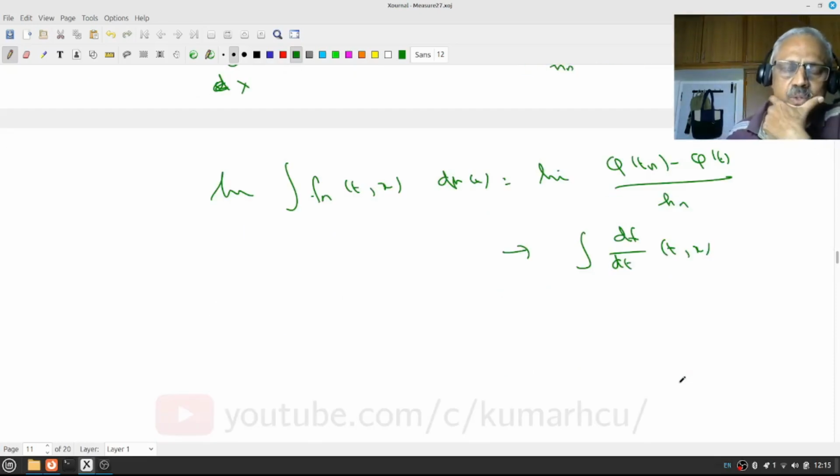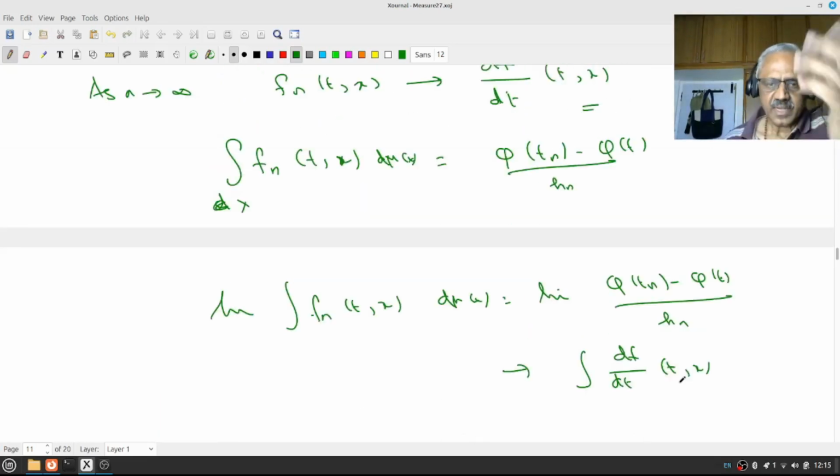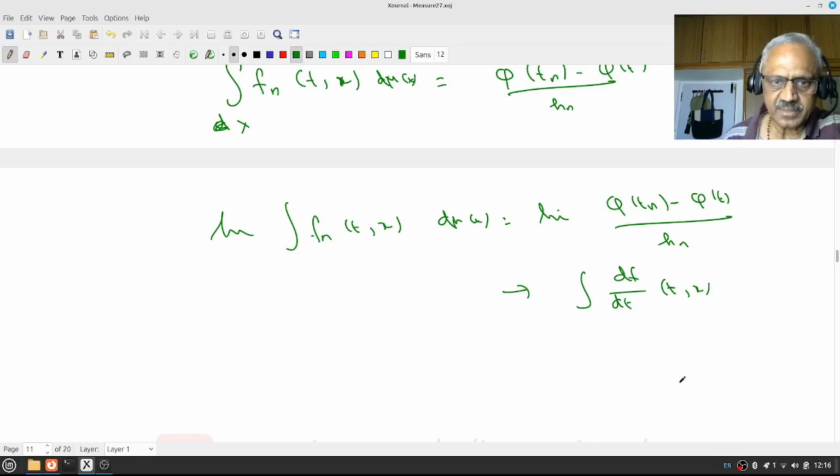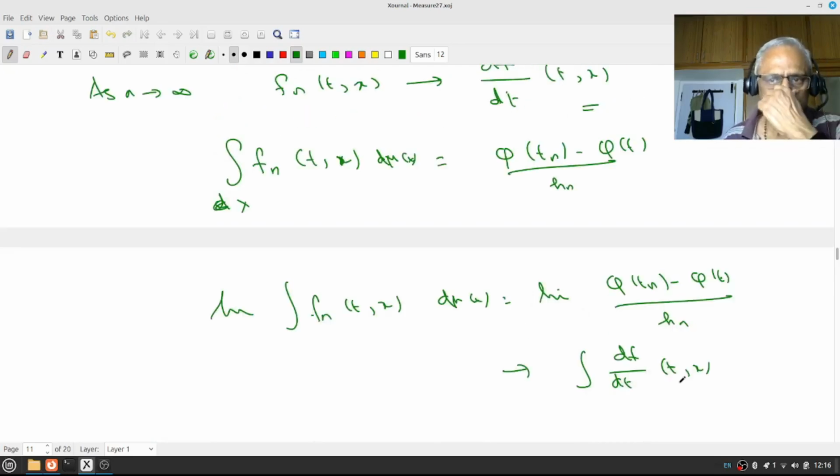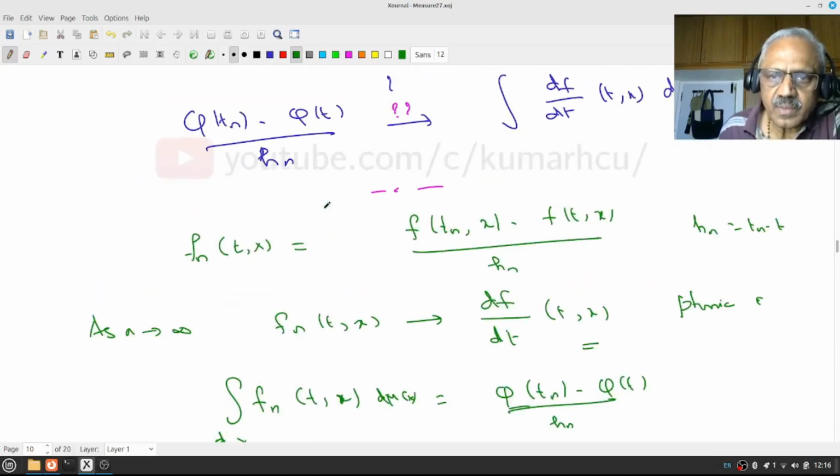As I argued in the earlier lemma, I need some kind of dominancy. I have to dominate these. So what should be my domination? Notice that the fn are all in terms of f of Tn minus f of t at x by Hn. Earlier in the lemma, I needed the dominancy of only f of t comma x. Here it is a difference quotient.